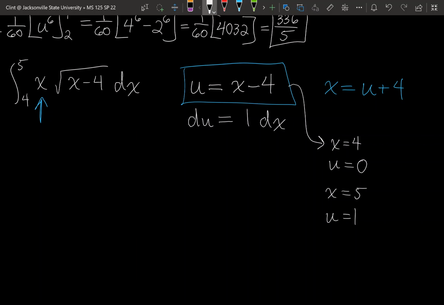So we could figure out this from 0 to 1. We'll have square root of u for the square root, x we said is u plus 4, and then du. That's what I would do on that one.